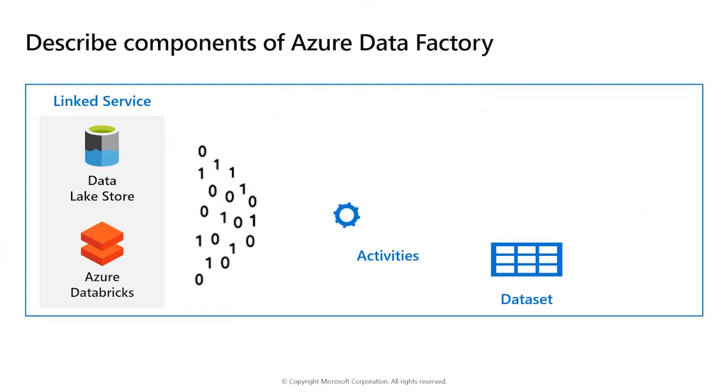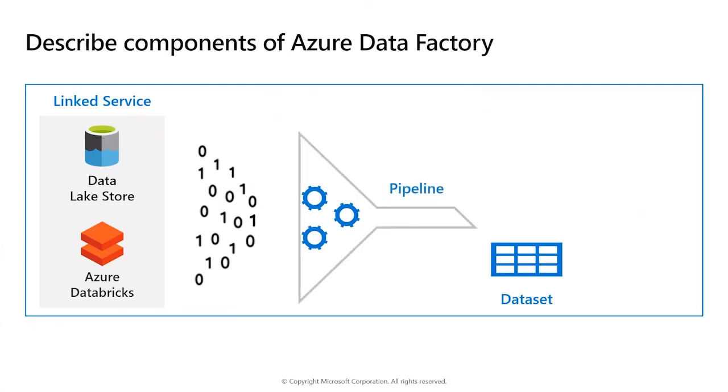A pipeline is a logical grouping of activities that together perform a task. The activities in the pipeline define actions to perform on your data. For example, you might use the copy activity to copy data from a source dataset to a destination dataset. You could also include activities that transform the data as it is being transferred, or you might combine the data from multiple sources together.